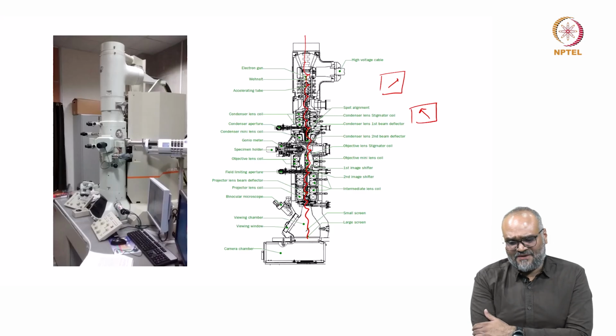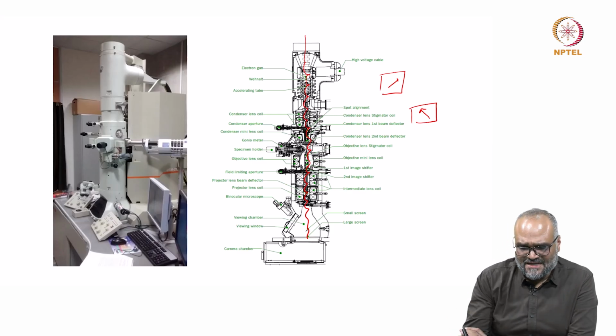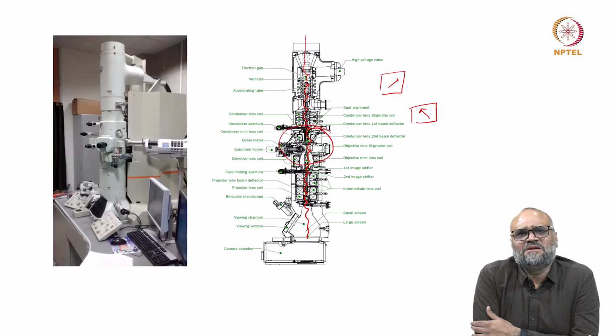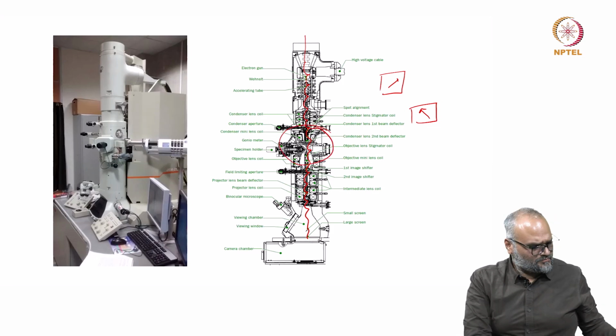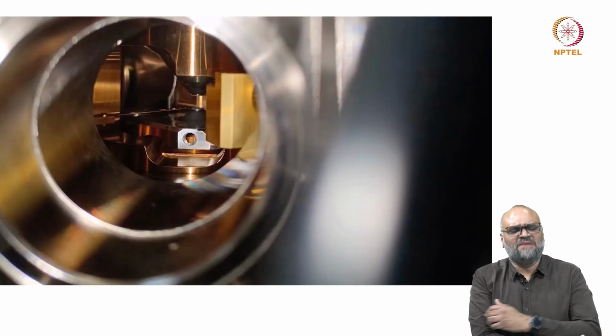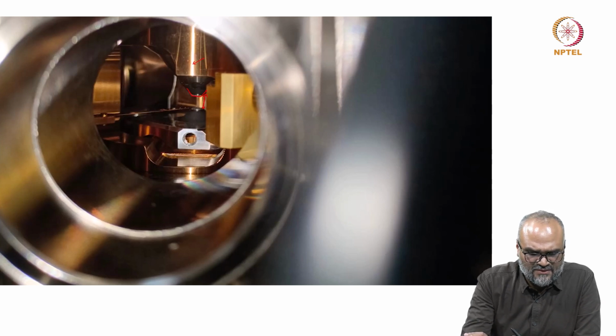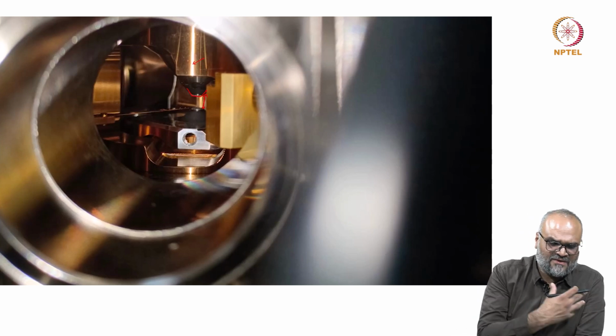So if I want to look once again at the physical image of how this split pole piece lens looks, let me show you an example from one of our microscopes here. This is the pole piece that I was talking about. So here is your soft ferromagnetic material. These are made of brass, and you have the cooling water supply going from outside.